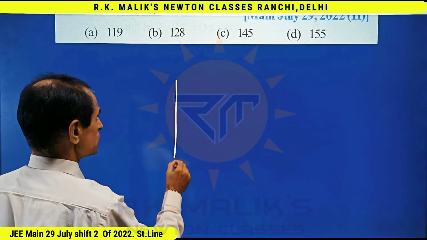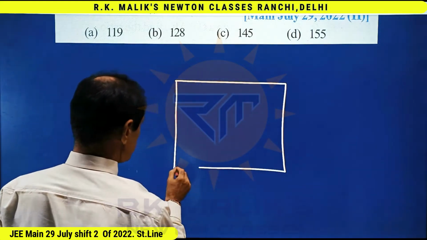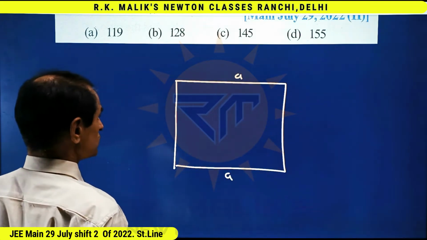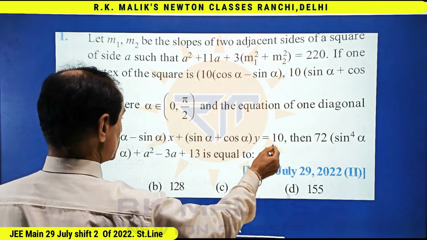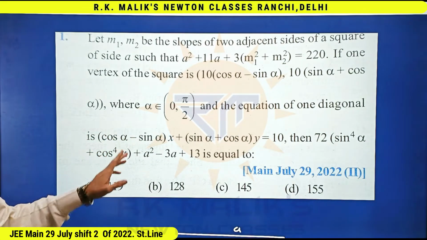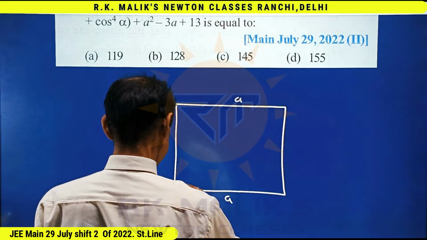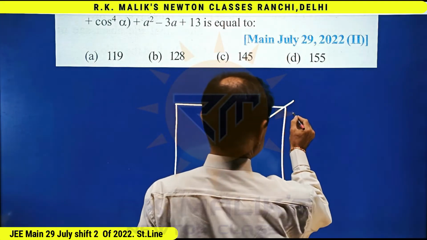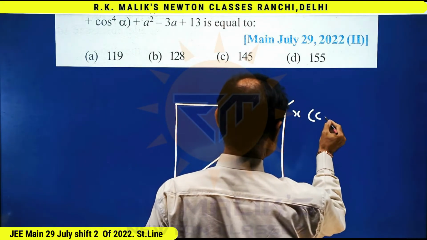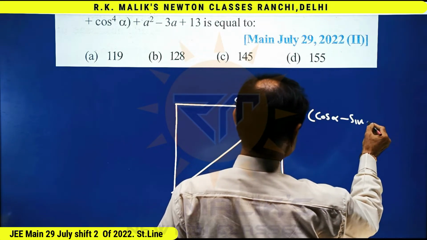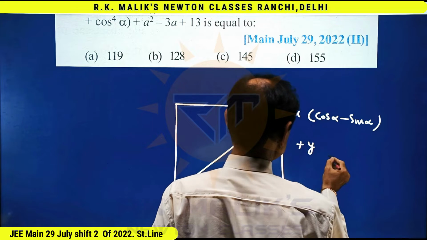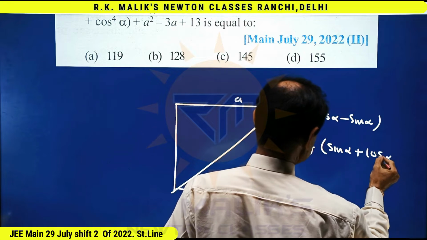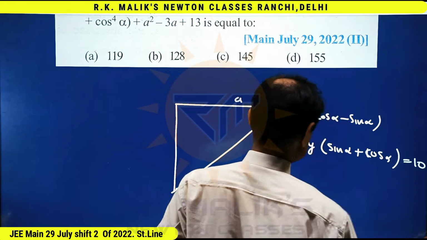It says that there is a square whose sides are of length a, and one of the diagonals of the square is having the equation cos alpha minus sin alpha into x, this is the diagonal whose equation is x into (cos alpha minus sin alpha) plus y into (sin alpha plus cos alpha) equal to 10.